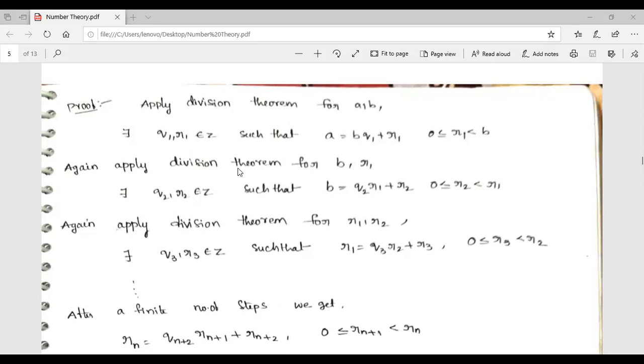Again apply the division theorem for b, r1. So there exist q2, r2 belonging to Z such that b is equal to q2 r1 plus r2, where 0 is less than or equal to r2 less than r1. Again apply the division theorem for r1, r2.